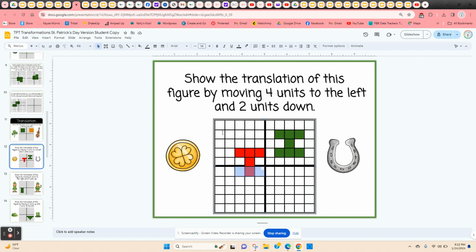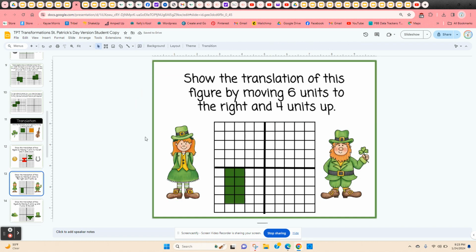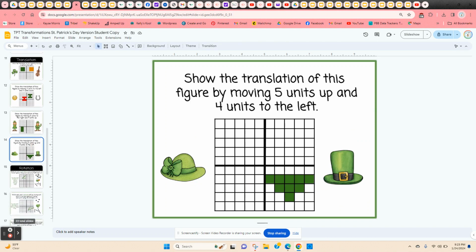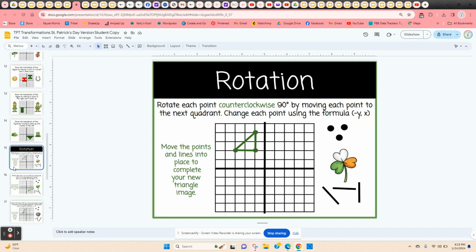Now all of these have the teacher slides included, completed so the teacher can easily check. Now this one moving, let's see, 6 units to the right and then 4 units up. And then another one.